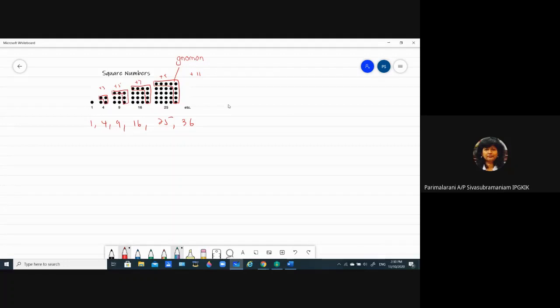So for square numbers, the gnomon is odd numbers. We keep adding odd numbers to form the next number. Why square numbers? The side here is n, here is n, and 3, 3, 4, 4, 5, 5, so they form a perfect square.